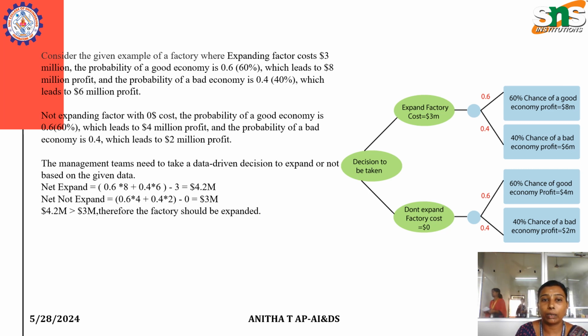Not expanding the factory has $0 cost; the probability of a good economy is 0.6, which leads to $4 million profit, and the probability of a bad economy is 0.4, which leads to $2 million profit. The management team needs to take a data driven decision to expand or not based on the given data. Net expand is equal to 0.6 times 8 plus 0.4 times 6 minus 3. Therefore, the factory should be expanded.